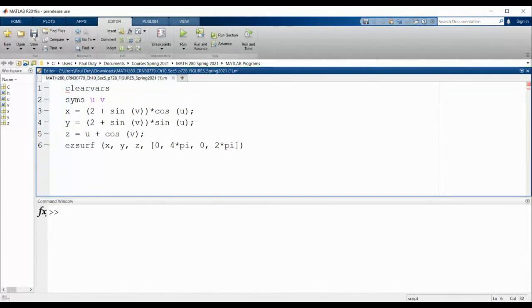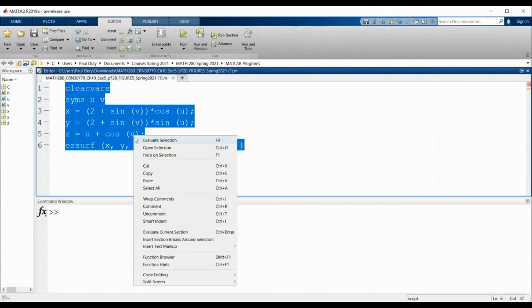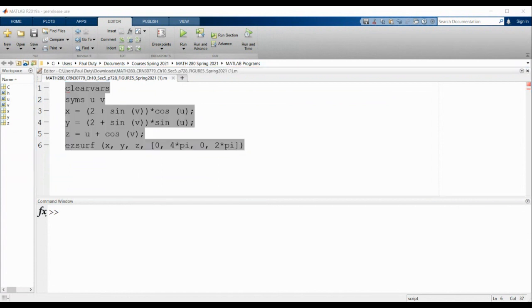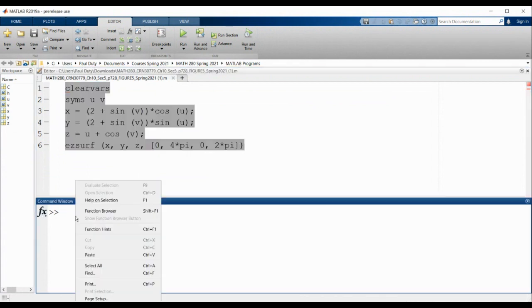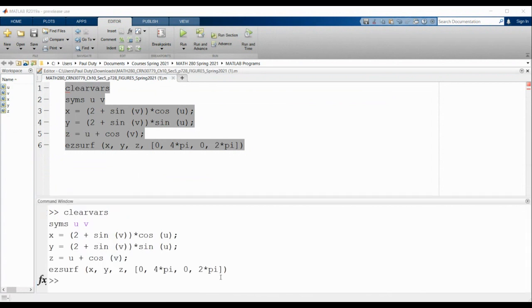Let me save that. Okay, hold on, there was something in the chat before I graph it. Very good. Let me paste this on the command line and hit enter. And it produces a figure. Let me get the figure here.